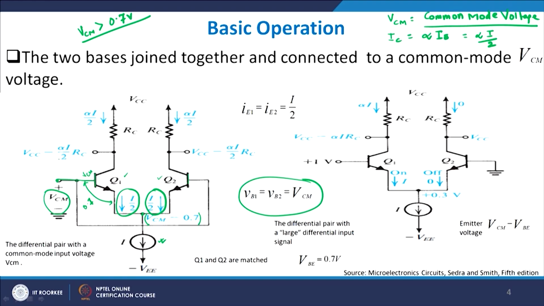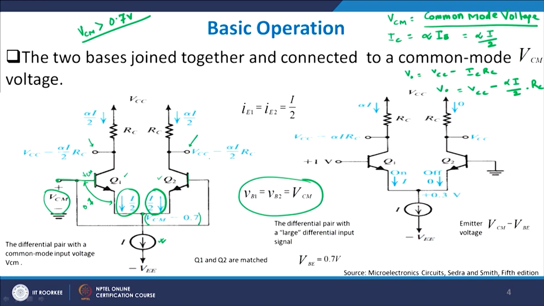Therefore, as I discussed with you, output V out will be equal to VCC minus IC times RC, right. So, I get VCC minus alpha I by 2 into RC. This is equal to V0, right. Now, you see, since it is perfectly symmetrical, this output voltage and this output voltage are exactly equal to each other.